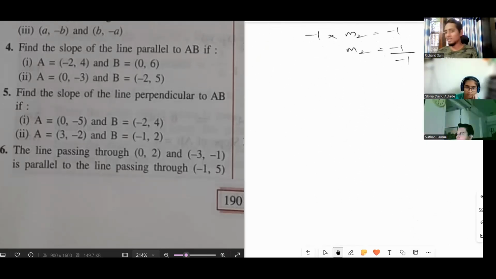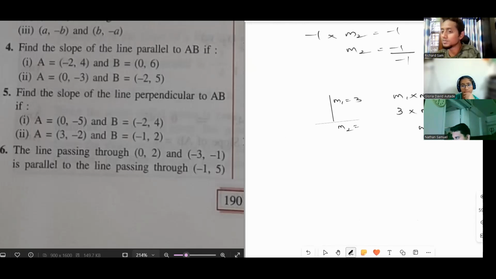Let me give you a few examples of slopes of perpendicular lines. Suppose one line has a slope of 3, then what will be the slope of the second line? The formula is m1 into m2 is equal to minus 1. That means 3 into m2 is equal to minus 1.